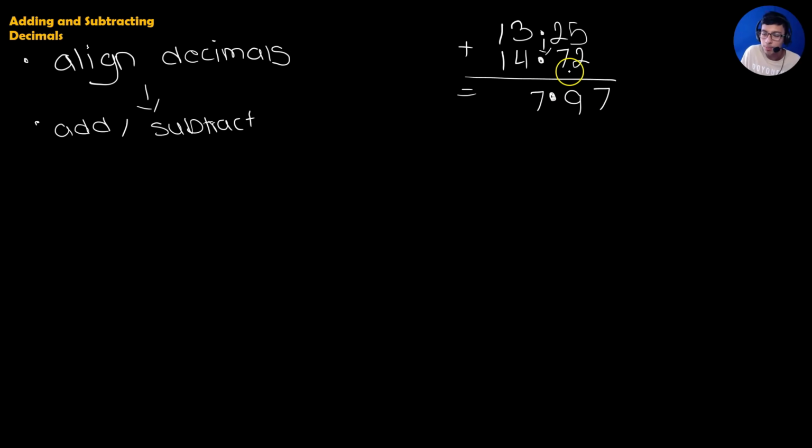So for example, here are two decimal places. So when we're adding, we need to keep the decimal after two decimal places. And we continue. 1 plus 1, 2. So our answer is 27.97.